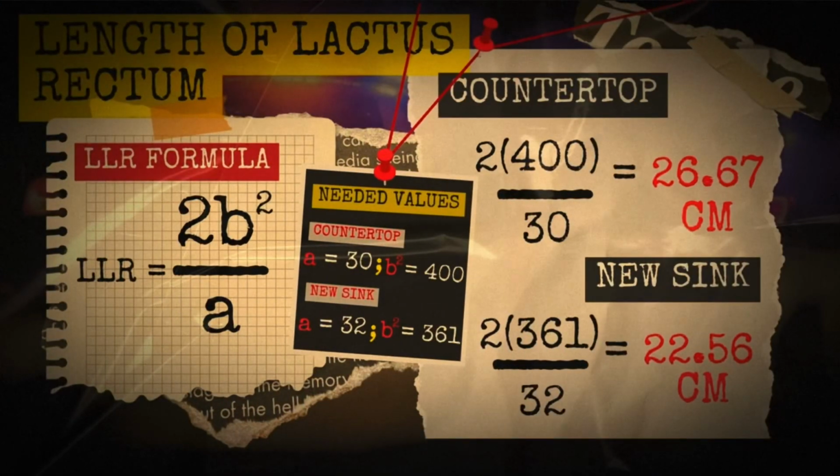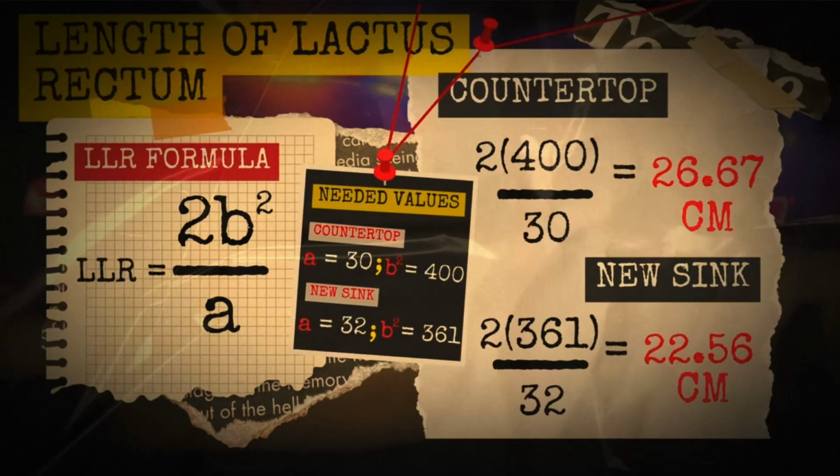Lastly, we will be needing to determine the length of latus rectum of both our ellipses. In order to get the LLR, or the length of latus rectum, we follow the formula 2b squared divided by a. So for our exhibit A, or the countertop, we have 400 as our b squared and 30 as our a.